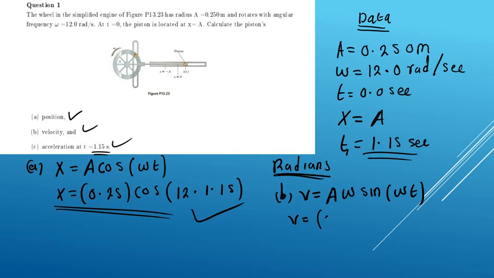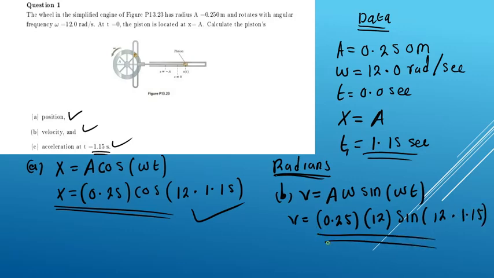A we have been given to be 0.25, omega is simply 12, sine of 12 multiplied by 1.15. So if you do this, then of course you get this question correct. Make sure that your calculator is also in radians.